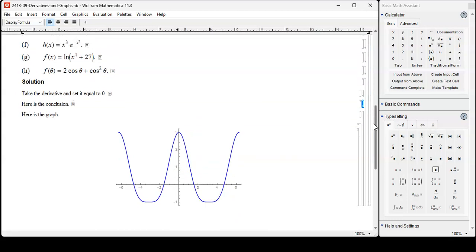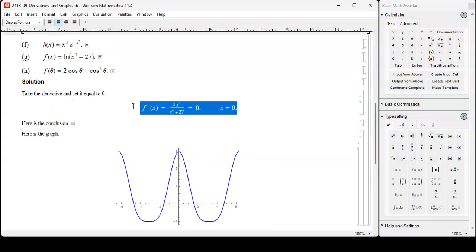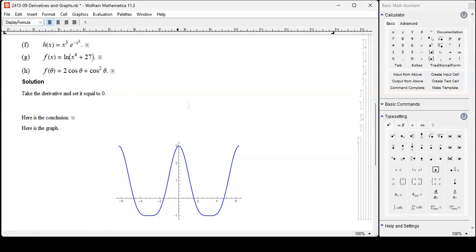Well, let's check. Take the derivative and set it equal to 0. Take the derivative, 2, and then cosine becomes negative sign. And then this is going to be actually a chain rule.